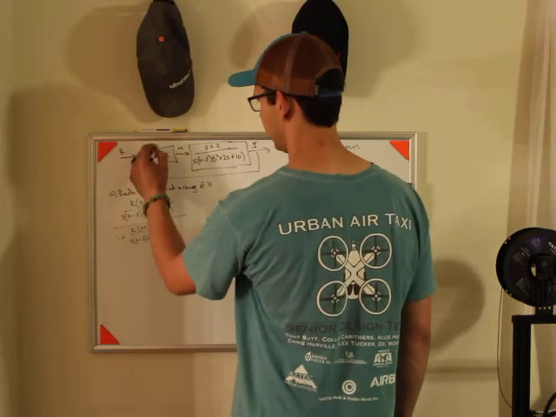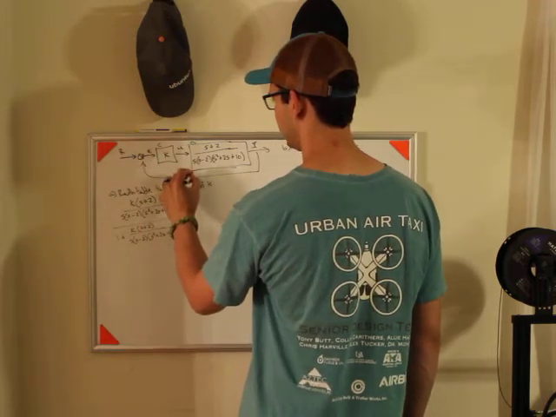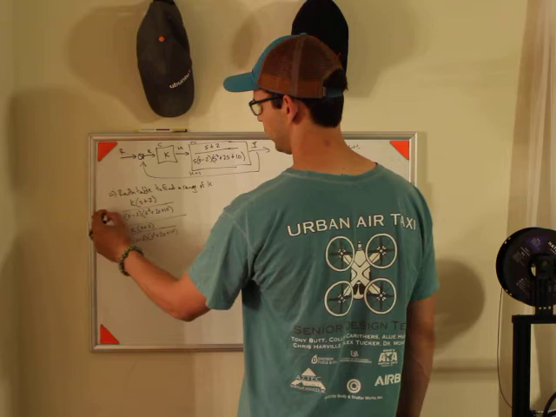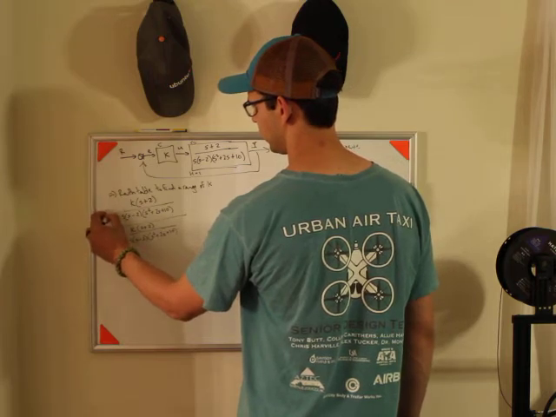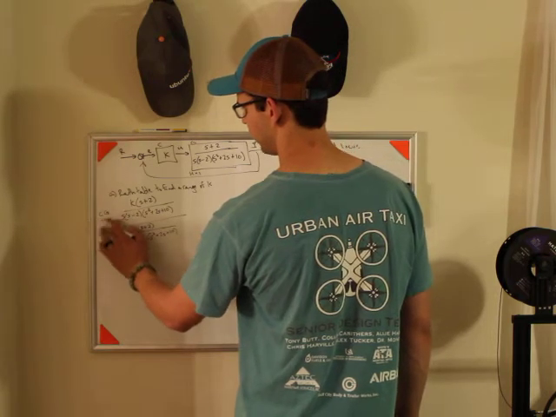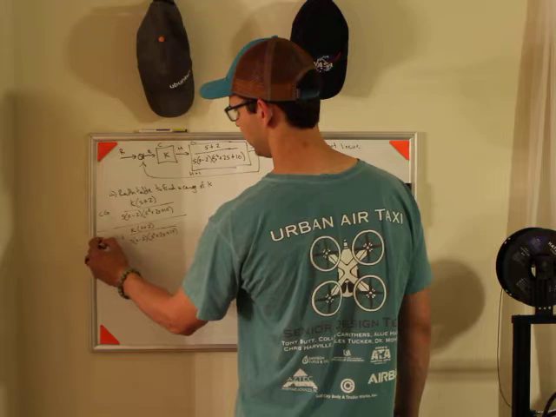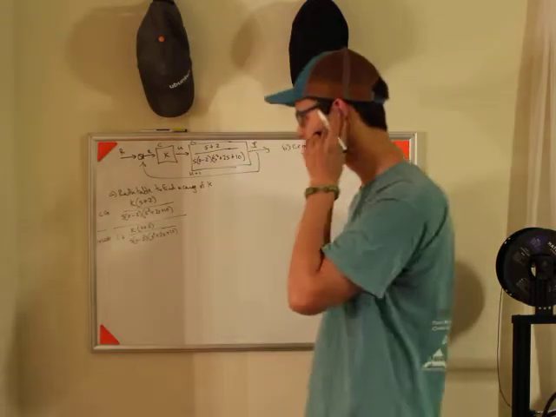And again, this is C, this is G, H is equal to 1, and your closed loop is CG over 1 plus CGH. That's the closed loop formula.